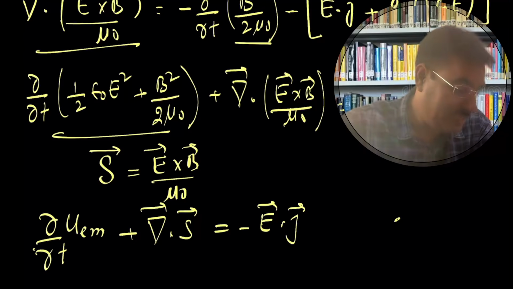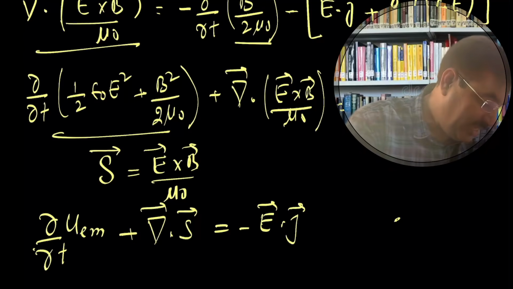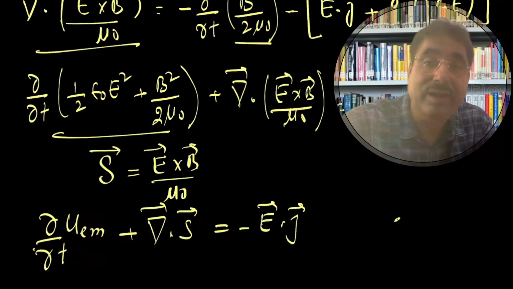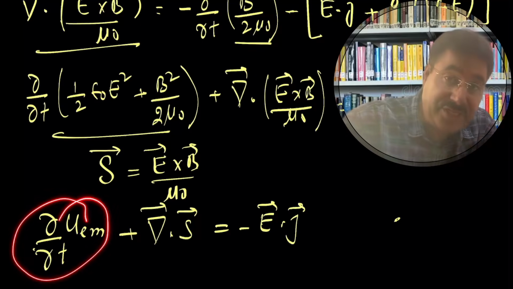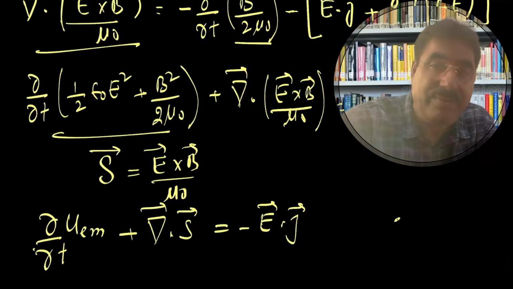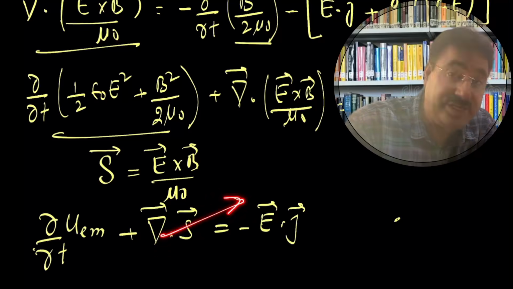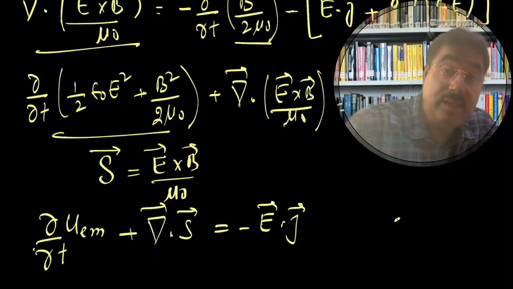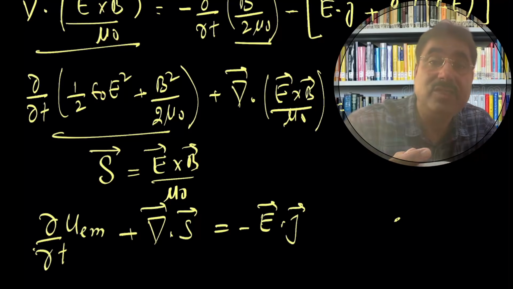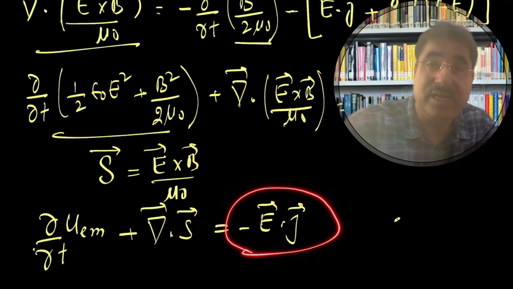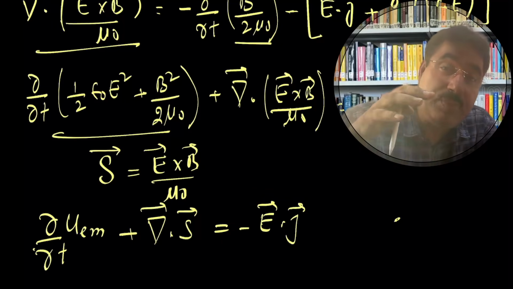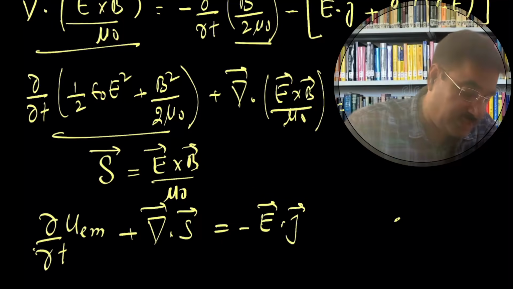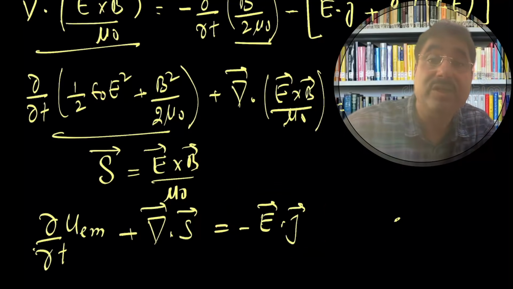This was my energy in the electromagnetic field, and if that electromagnetic field is dynamical, then there is a flow of energy. The S represents how much energy is flowing out, and then there could be materials where the energy could be fed, right? You could have conductors or charges. The power would be delivered to those charges, and that is represented by E dot J.